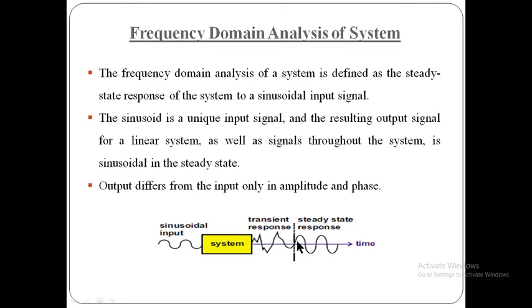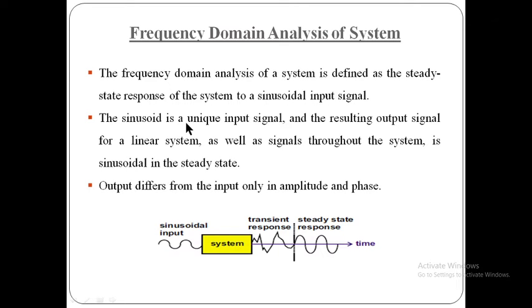It is the output where the value is not changing by more than 2%. We already taught that initially we have the transient response, then we have the steady state response. So to study the steady state response, we are going to study the frequency domain analysis.